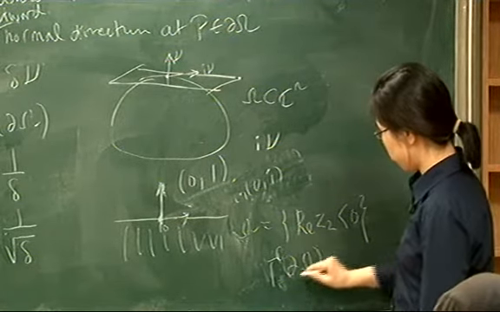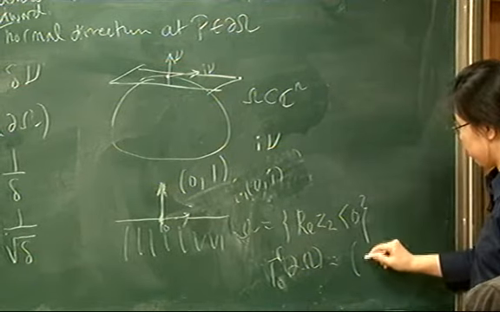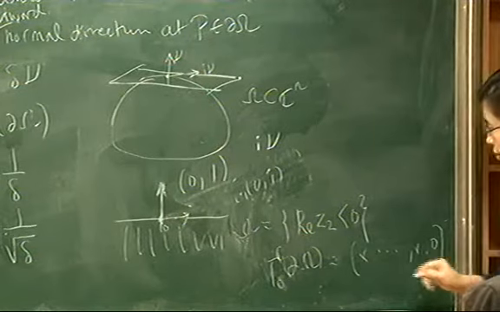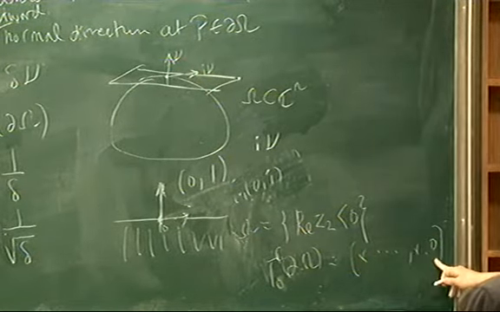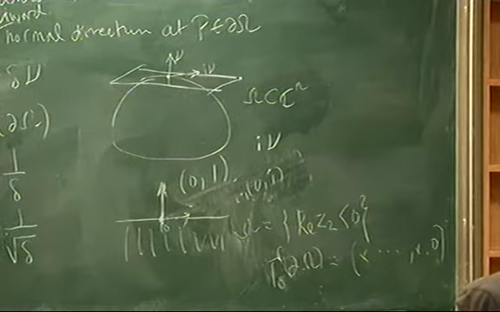The boundary of omega is just all the vectors with 0 for the last.